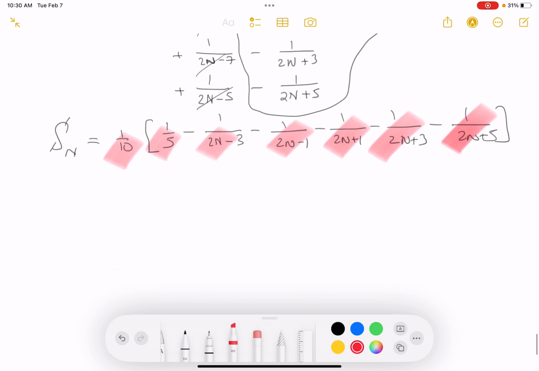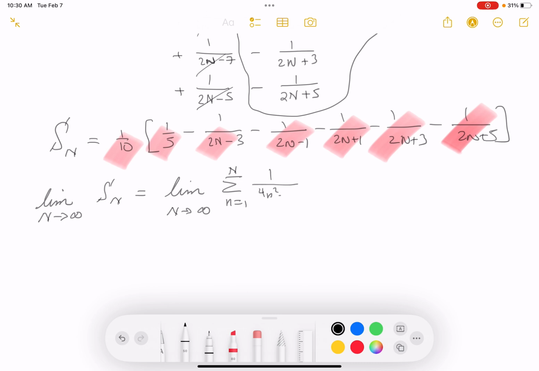What I'm going to do now is let n go to infinity. So the limit as this big N goes towards infinity of Sn will be the same thing as the limit as big N goes towards infinity of the sum n equals 1 to big N, and that was the compact form of it anyway, of 1 over 4n squared minus 25.